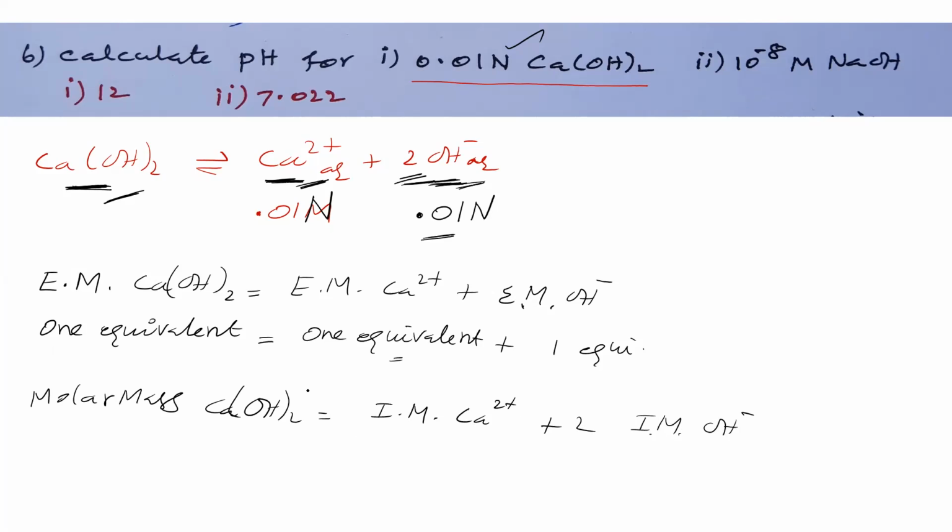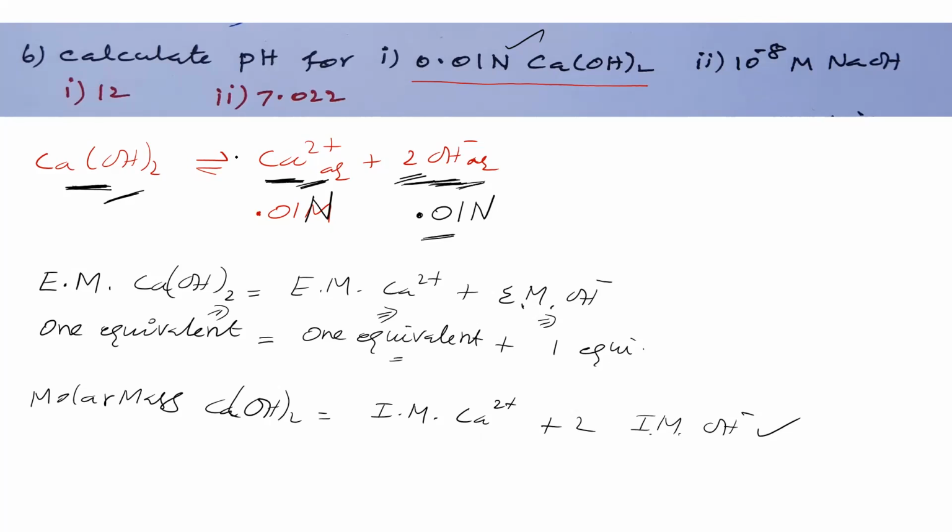For molar mass, one mole of calcium hydroxide contains 1 mole of calcium ions and 2 moles of hydroxide ions. But regarding equivalence, understand that one equivalent of calcium hydroxide contains one equivalent of calcium ion and one equivalent of hydroxide. Don't say two equivalents of hydroxide.